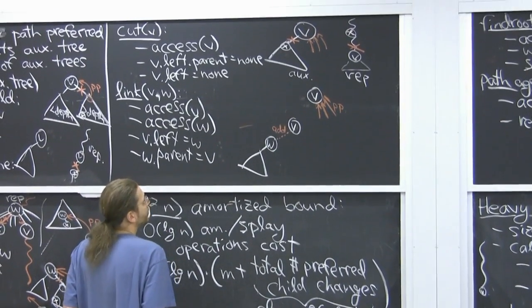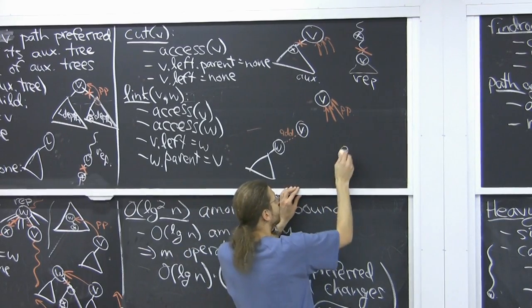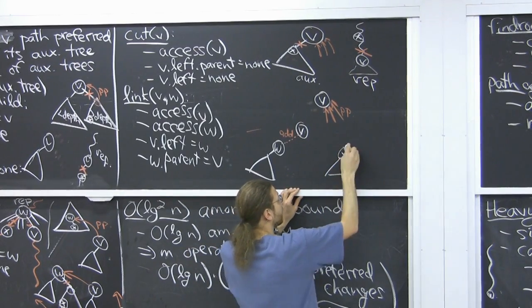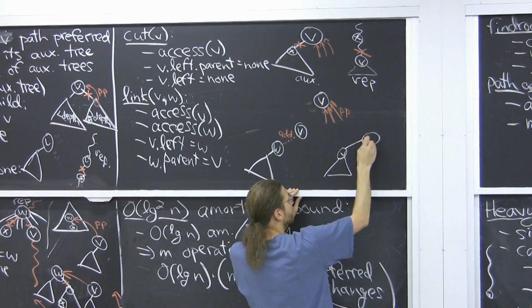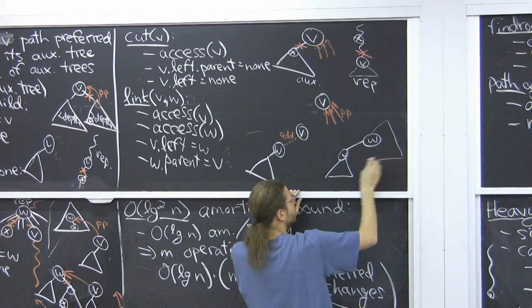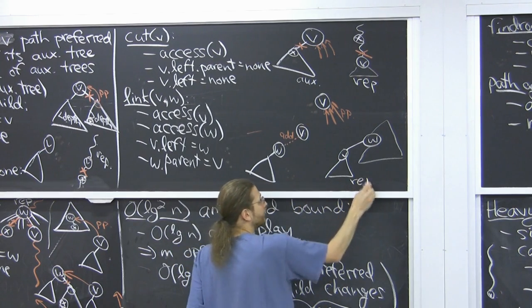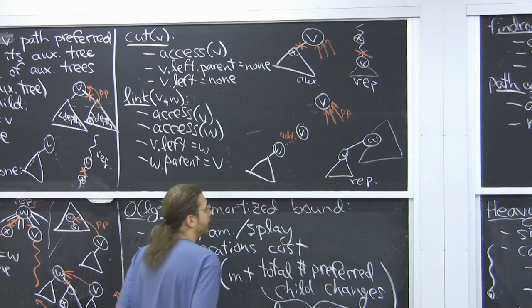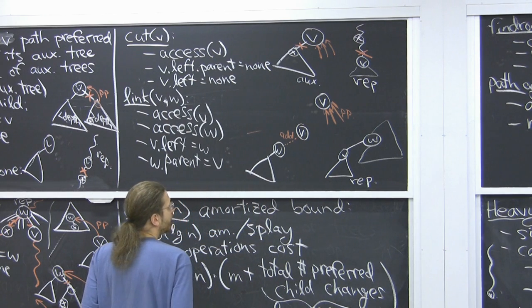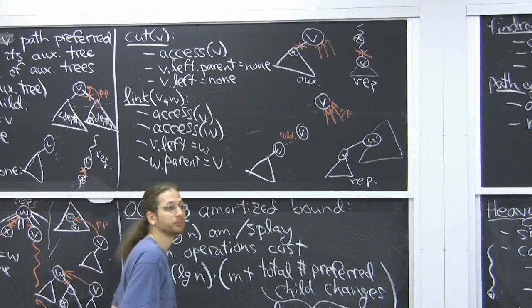So if you look at what that's doing in the represented tree, V was the root, and we made it to be a new child of W, which lived in some tree over here. That's in the represented tree what happens. What happens is that W gets heavier.